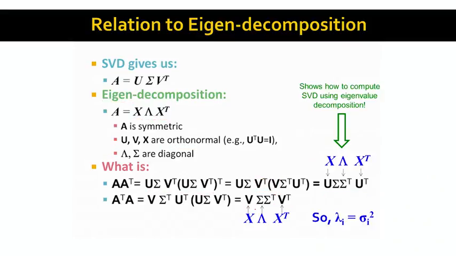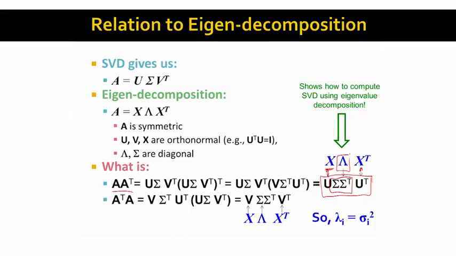So what do we learn from this? If I take A times A transpose, which is a symmetric matrix, and do a singular value decomposition of it, I end up with an expression like this, which means that in this case I can think of U as a set of eigenvectors, as a part of the eigen decomposition, and I can think of sigma times sigma transpose as a set of eigenvalues.